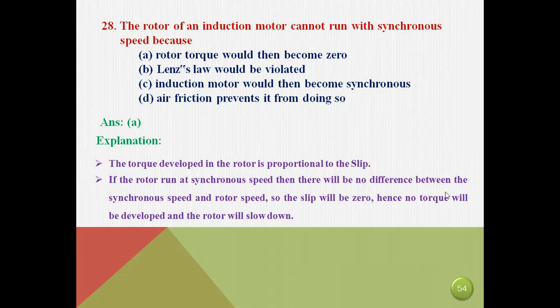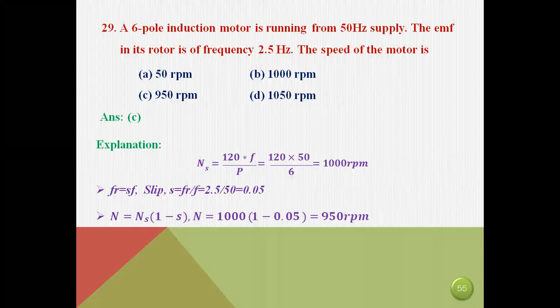So there will be no torque and the rotor will not move. The rotor will slow down. So rotor torque is becoming 0. That's why we cannot take rotor speed equal to synchronous. We are supposed to always take rotor speed less than synchronous speed.